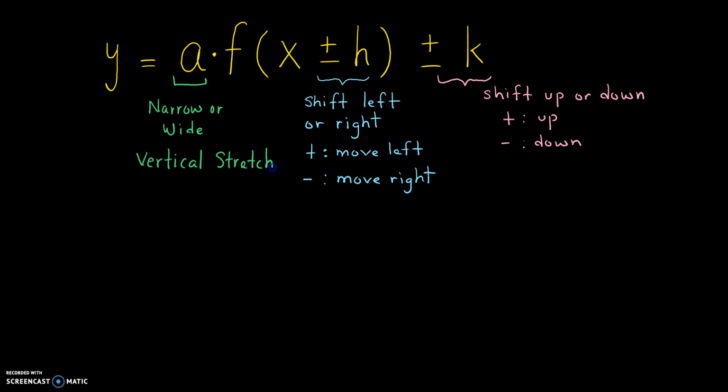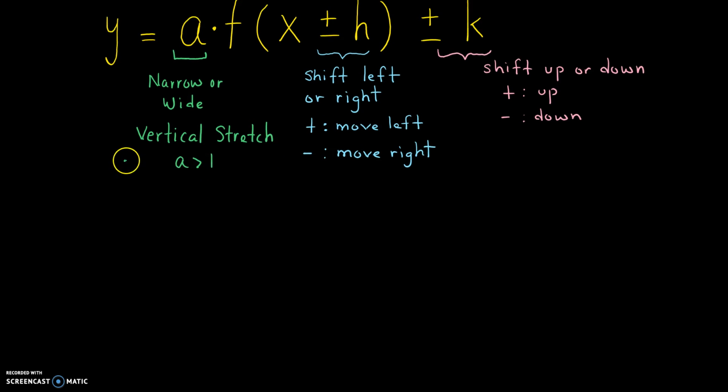And just remember that we have a vertical stretch if a is greater than 1. Or we could also have a vertical shrink if a was between 0 and 1.